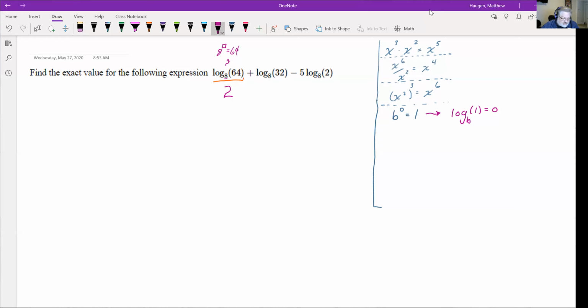Remember from, it seems like a long time ago, from Thursday, that logarithms, I said, logarithms are our exponents. So this log base b of 1, it's asking for an exponent. What's the exponent in this argument? It's a 0.